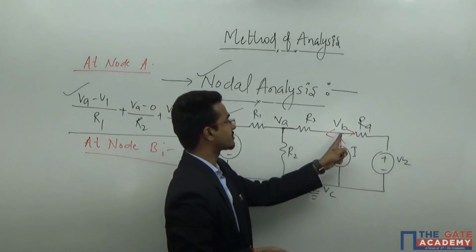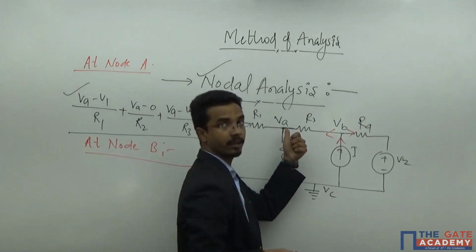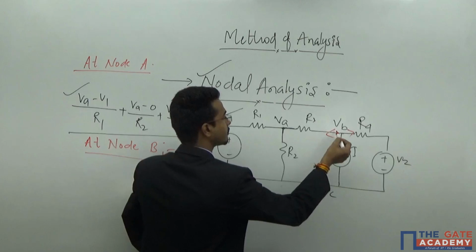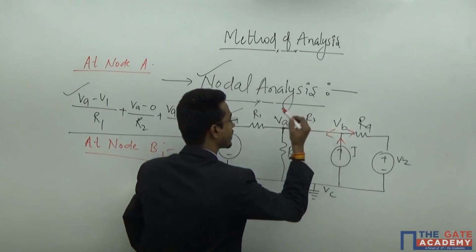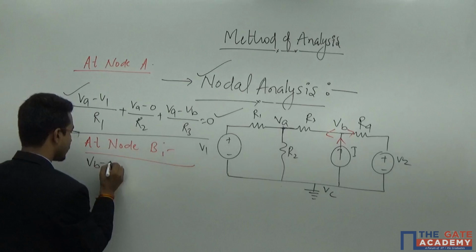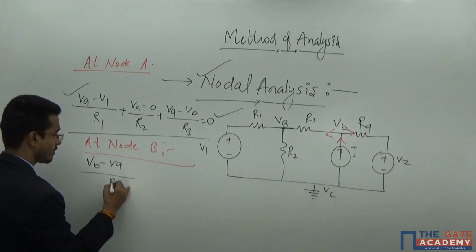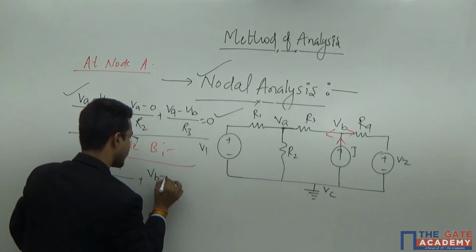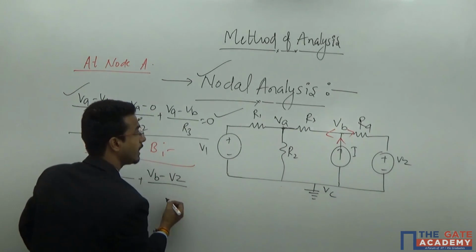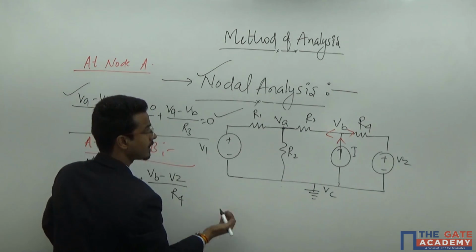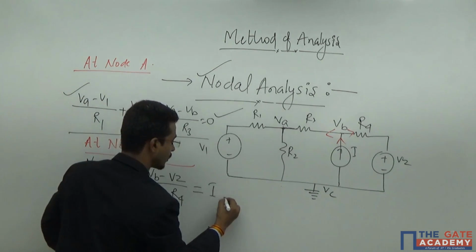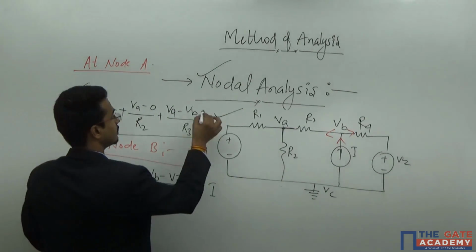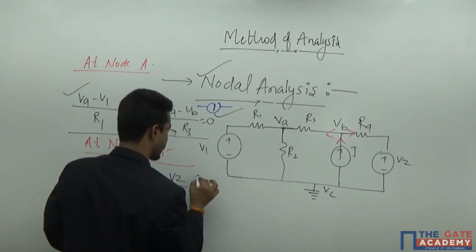Again I will follow the same procedure that I followed for VA. The first branch is this: the potential difference VB minus VA divided by R3, plus the second branch, VB minus V2 divided by R4, and this is the incoming current, which is equal to I. That means this is my first equation and this is my second equation.